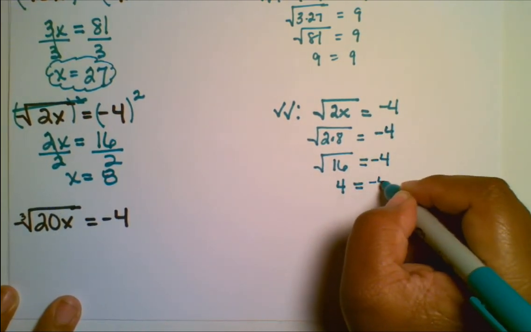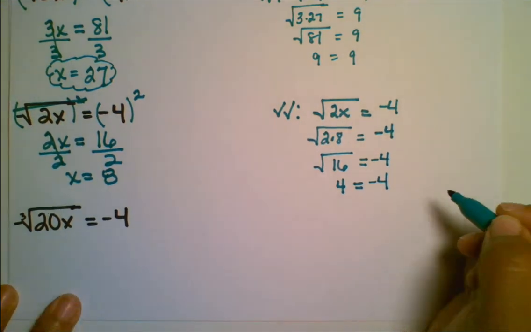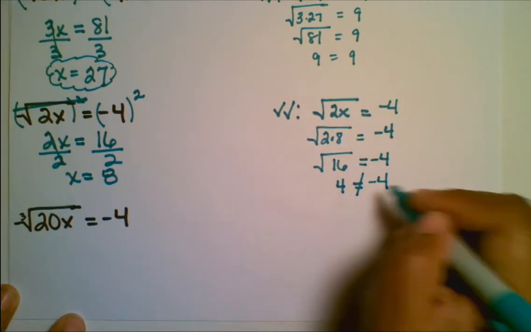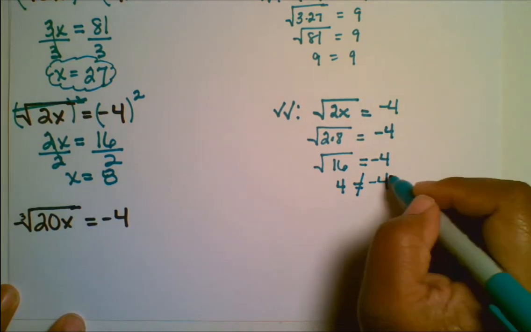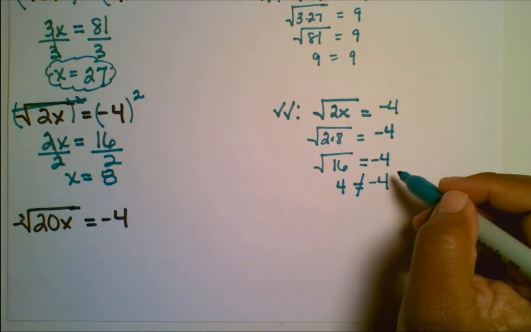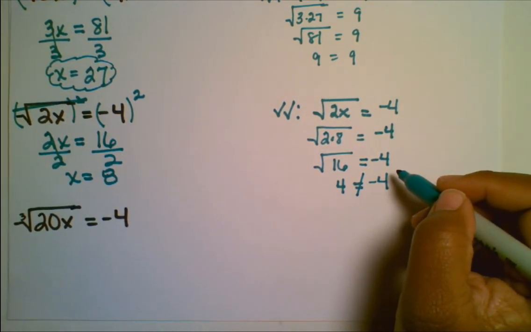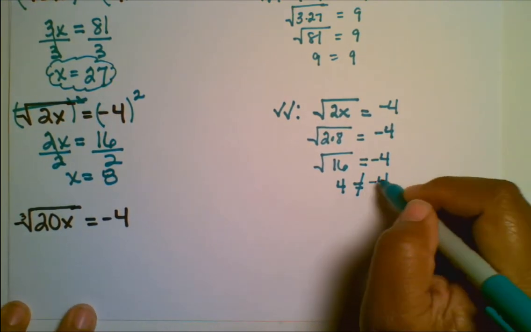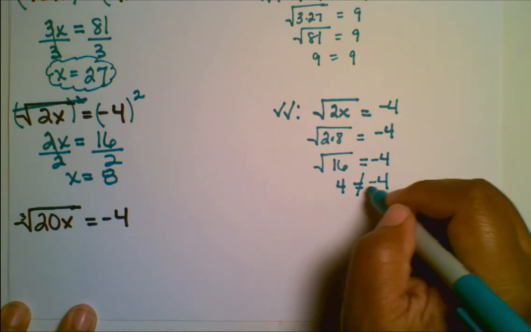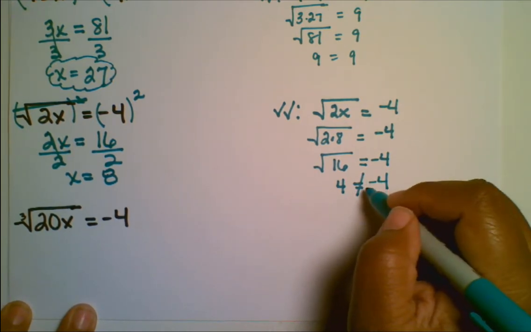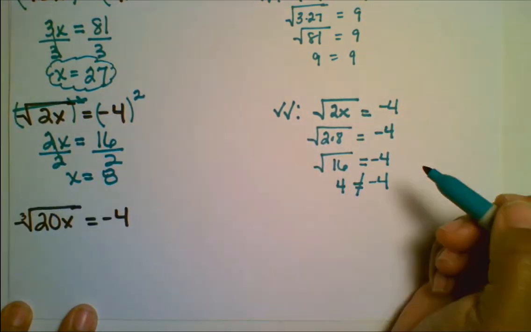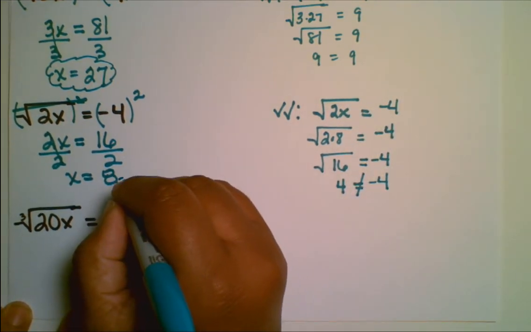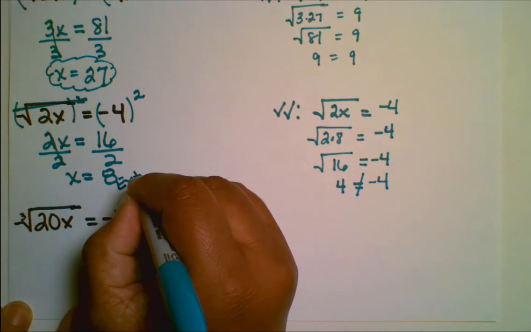So look at this statement that we have when we check our work. Is this a true statement? No, this is not true. This is where the definition for extraneous solution comes into play. If this doesn't hold when we substitute 8 back into the original equation, we would say that this solution is extraneous.